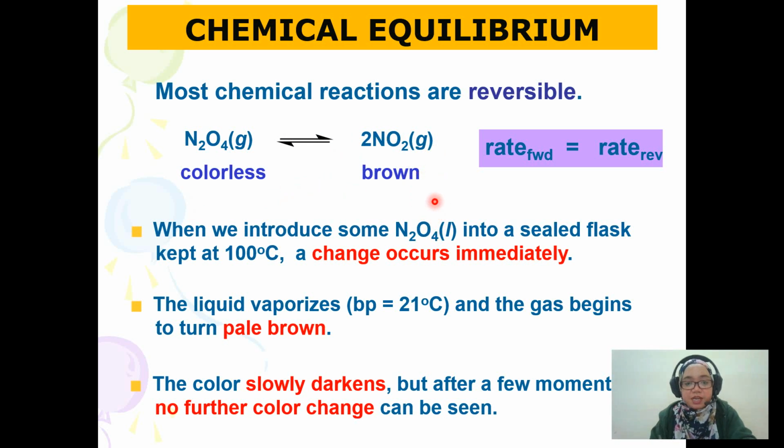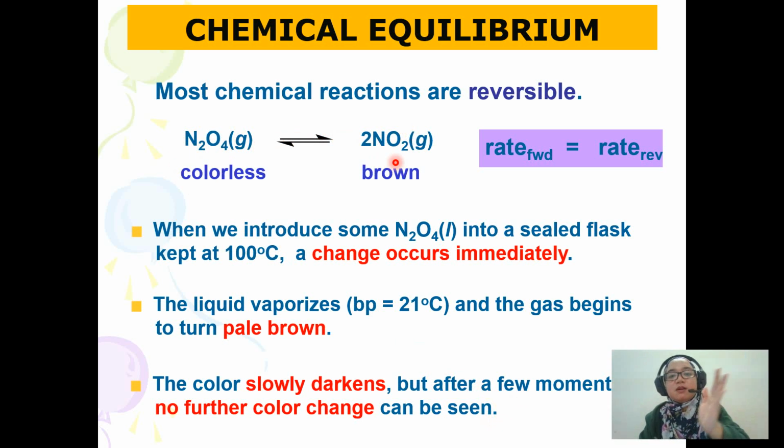This is when the reaction first begins. Then the color slowly darkens, but after a few moments, no further color change can be seen. Why? Because all the N2O4 gas has completely turned into brown NO2 gas.